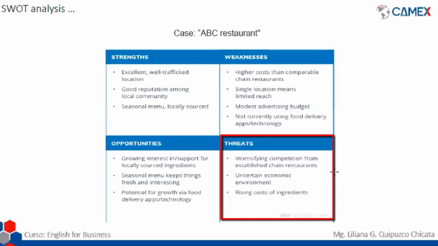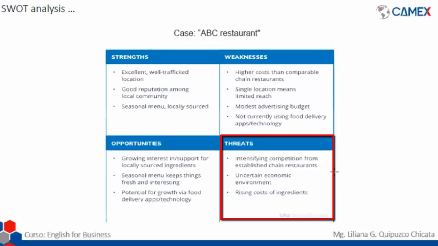And finally, we can talk about the rising cost of ingredients. We were able to see this when we had the phenomenon in which we weren't able to find lemon anywhere. And if you could find one lemon, they would sell it for like 2 soles per lemon. So it was really bad.